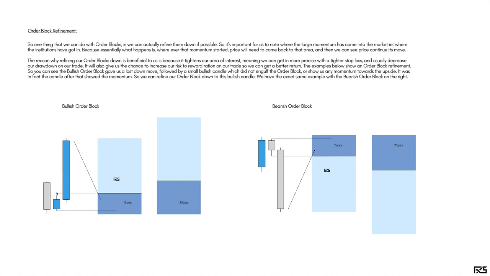So what we can do is we can take our order block, which is here. So this is the last down move, but we can actually take this as our order block because it's the candle before that momentum came in. So the range on this candle is 15 pips, whereas if we would have kept to this order block, this is what we're looking at, 25 pips.